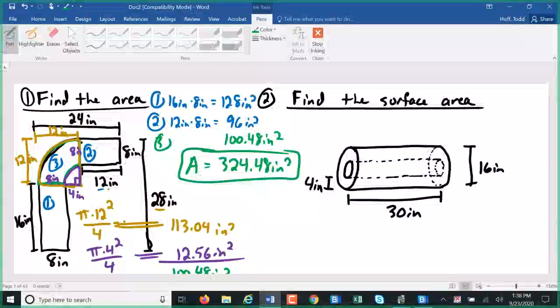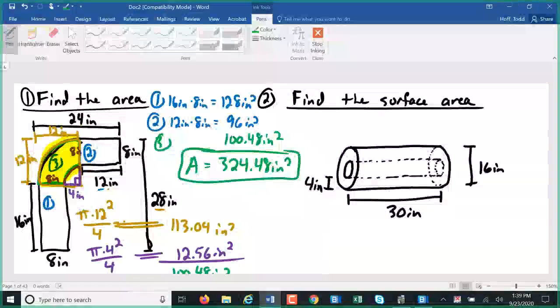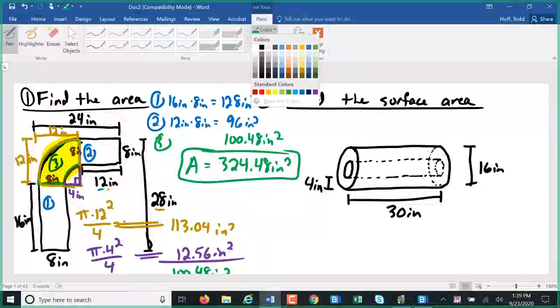Now, the way we did this corner piece here, I think is the simplest way to approach it, because we made it just 2 quarter circles and subtracted them out. But there is another method. You can actually use diameter.